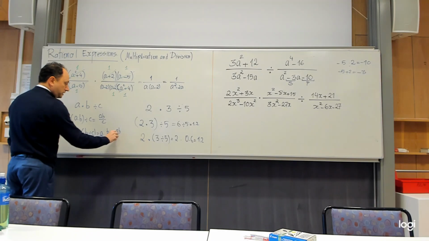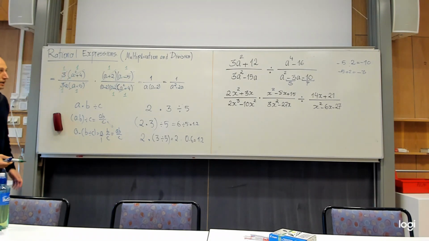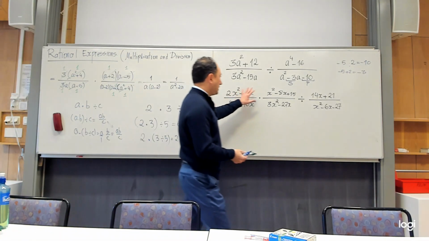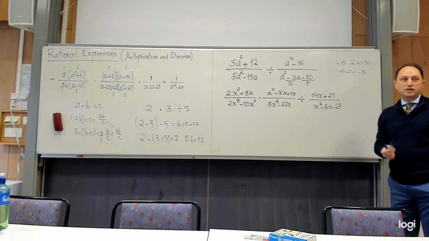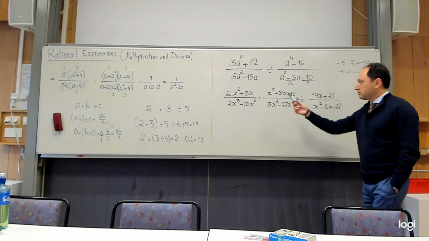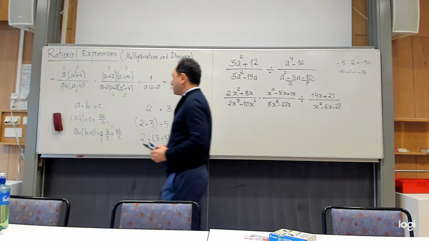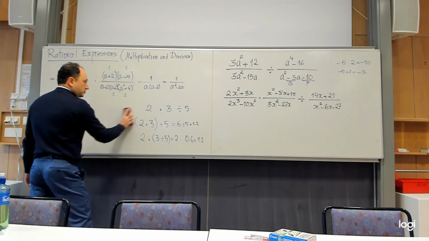It becomes ab over c. And they are always equal. So this is why in the book you do not see any pair of brackets to prioritize these operations. It doesn't matter which one you want to do first. So you can just without any pair of brackets solve that problem. Okay, so that's what we want to do.